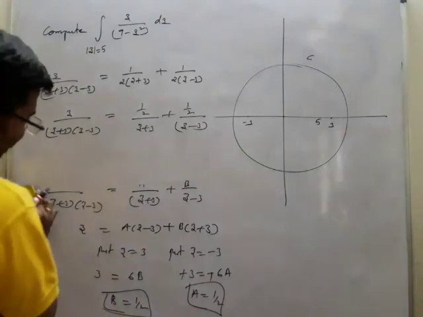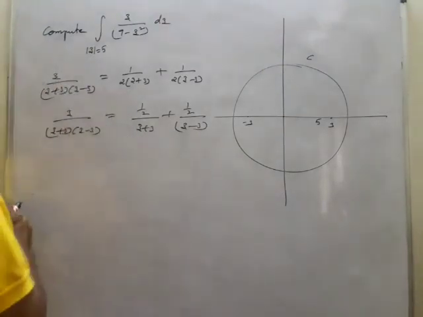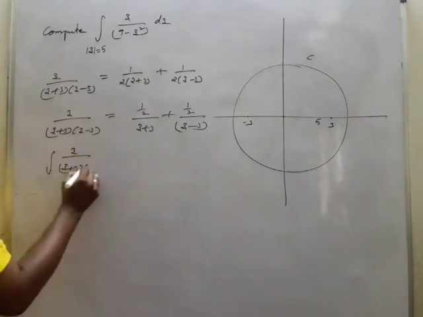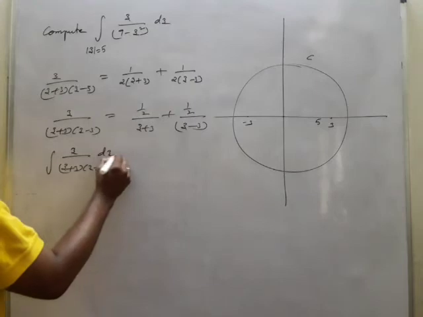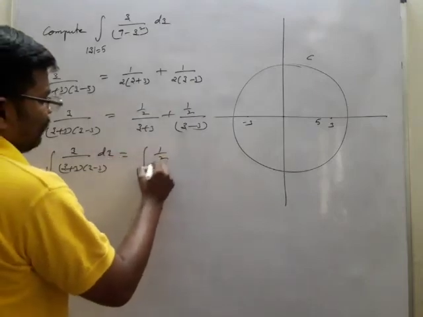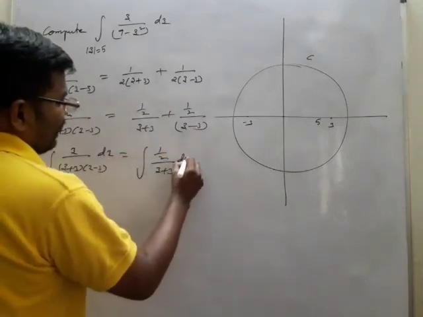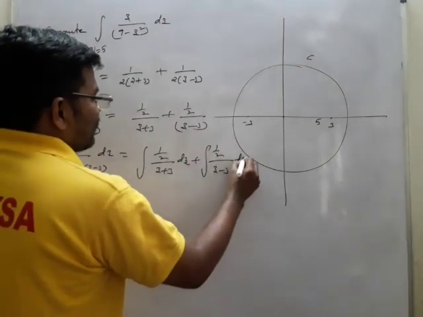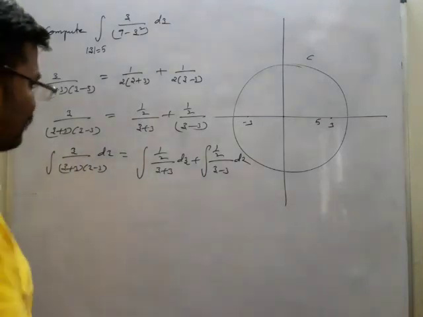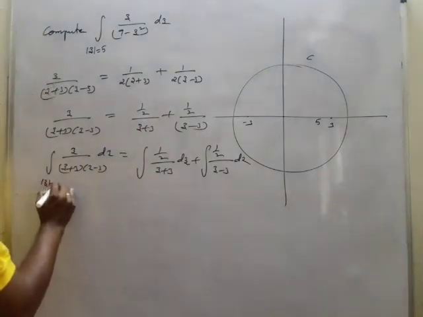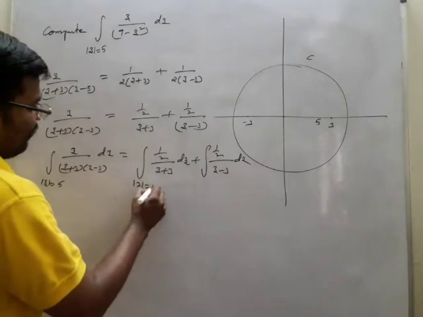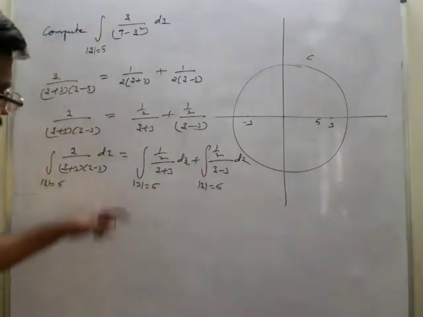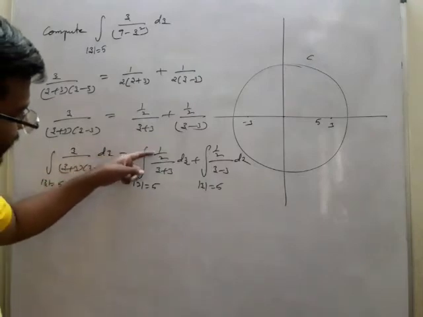I will take integral on both sides: integral of z by (z plus 3)(z minus 3) dz equals integral 1 by 2 over z plus 3 dz plus integral 1 by 2 over z minus 3 dz, on the contour mod z equal to 5.